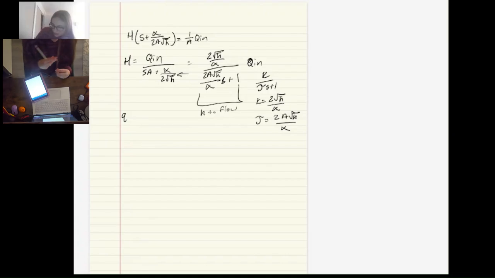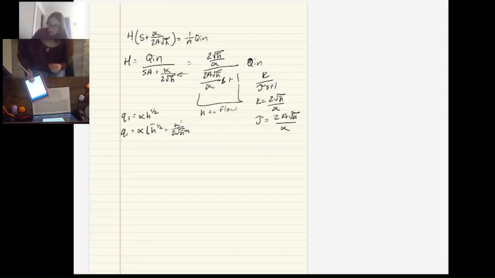So Q1 is equal to alpha of h squared. And then we're going to do very similarly what we did on the other one. So Q1 is equal to alpha and h bar plus h prime over 2 bar.